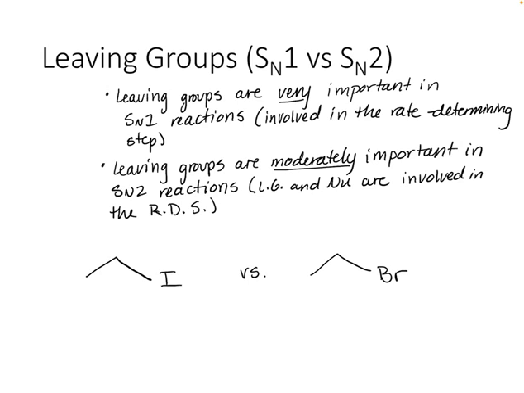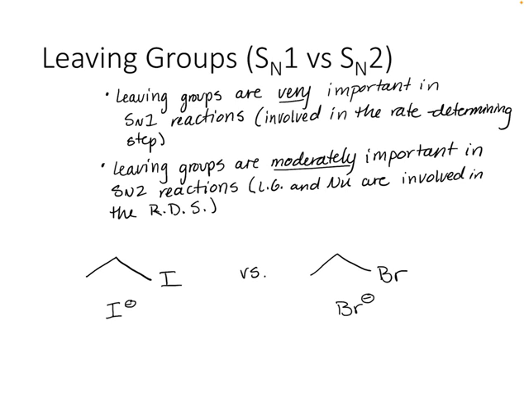So really, we're comparing the stability of I- and Br-. So which of those two leaving groups can hold a negative charge better? Which one is more stable? Now, another thing to think about is atomic size. The larger an atom is, the more able it is to accommodate extra electrons.